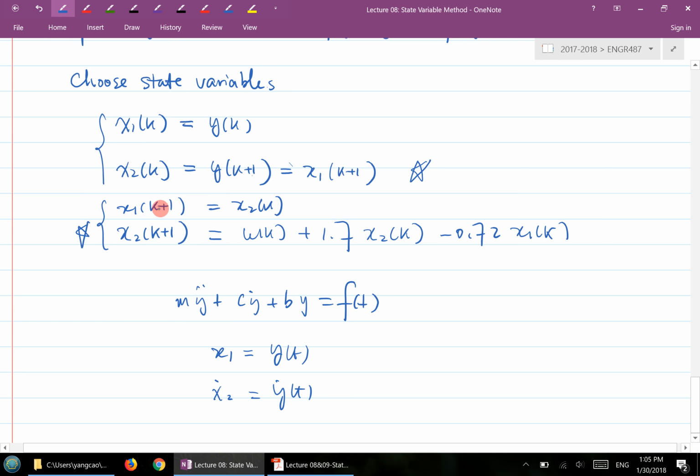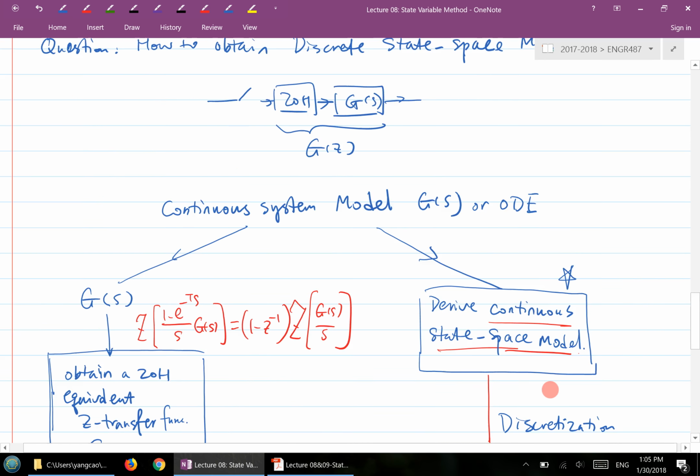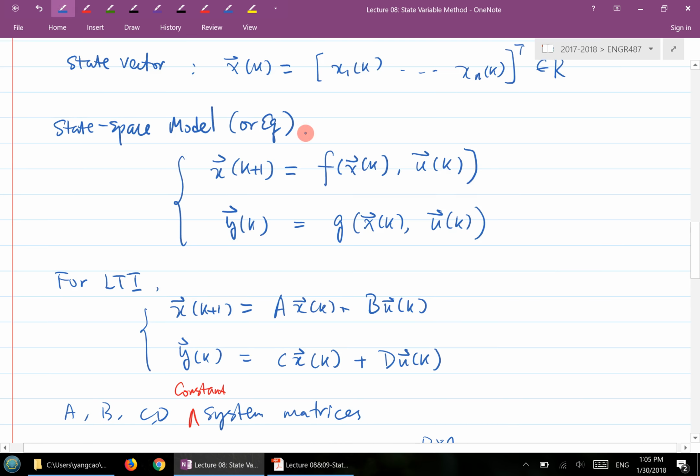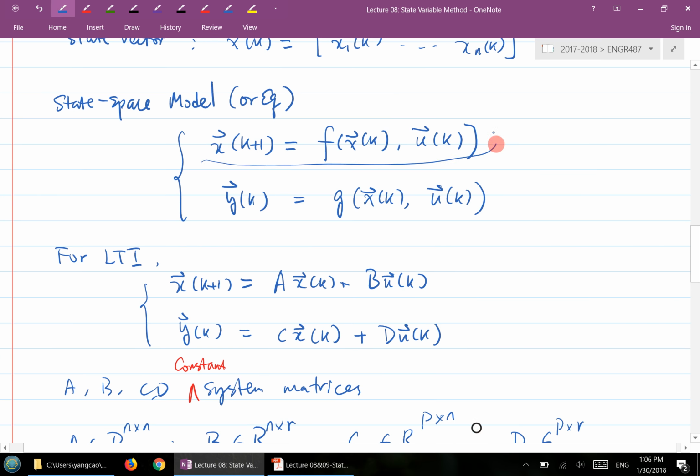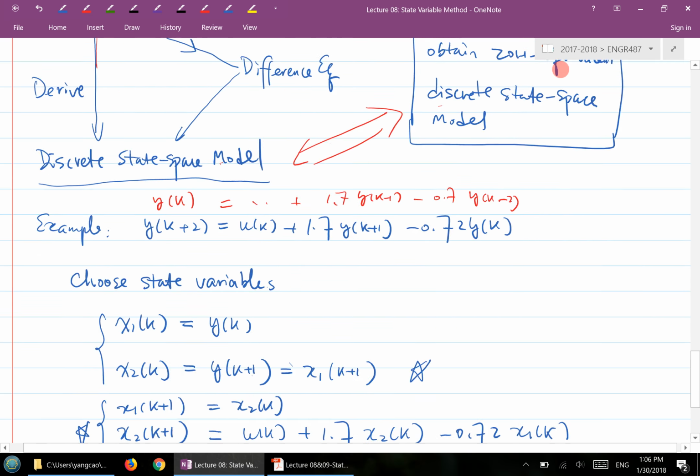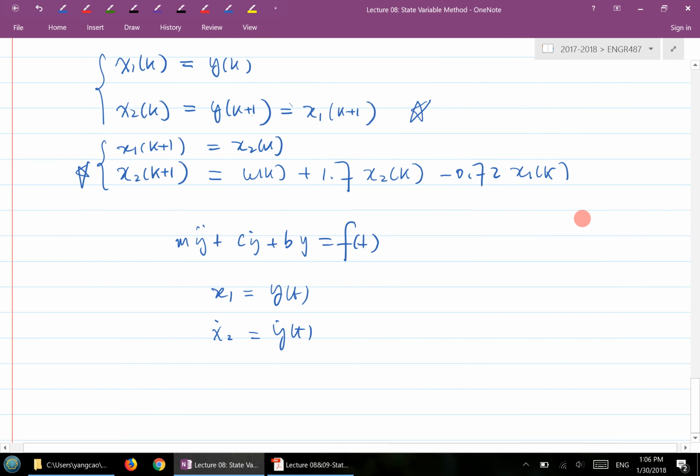different equations describing the two state variables, and they are exactly in the general format like this one here. One side is k plus 1, and the other side is k, so the next step is related to the current step.